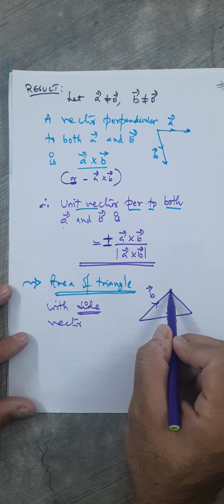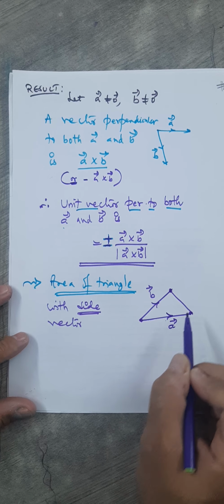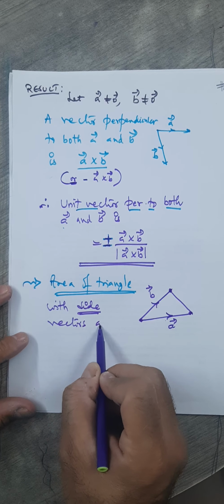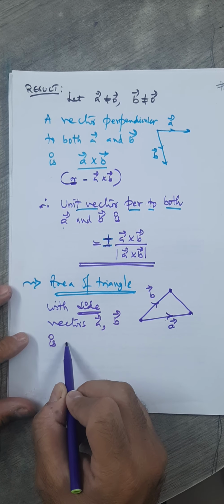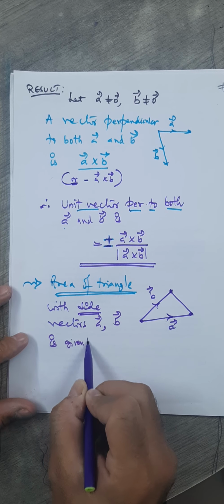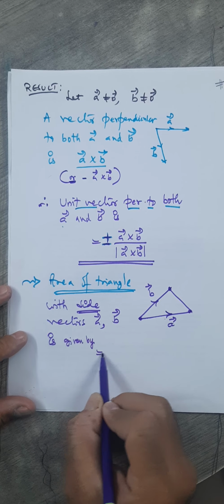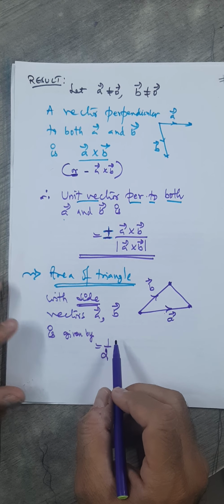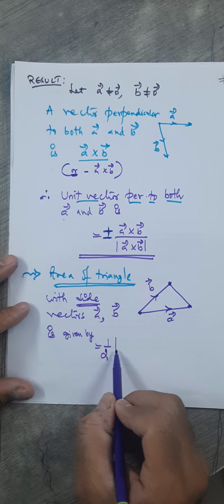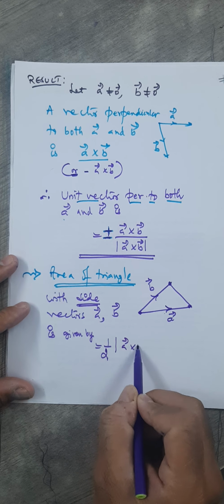These are not the position vectors of the vertices. The area with side vectors A and B is given by half the magnitude of the cross product of two sides.